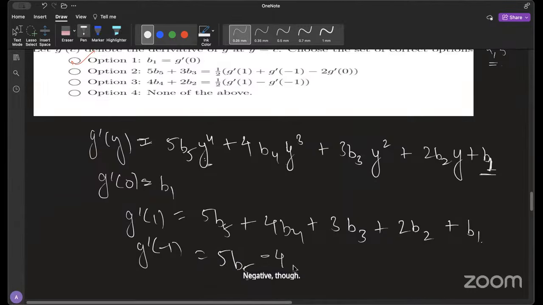It will be 5b5 minus 4b4 plus 3b3 minus 2b2 plus b1.